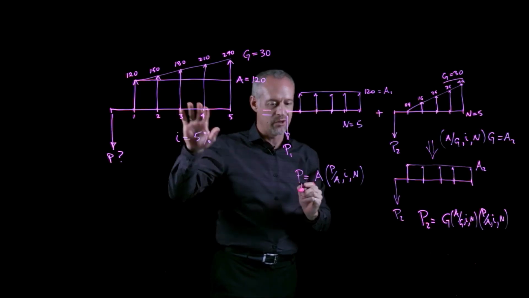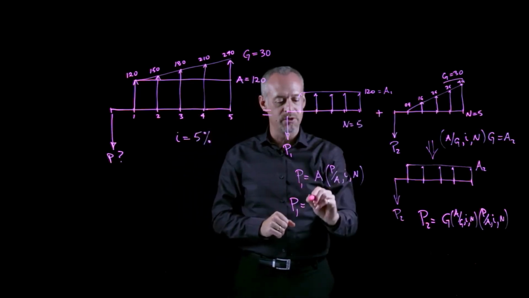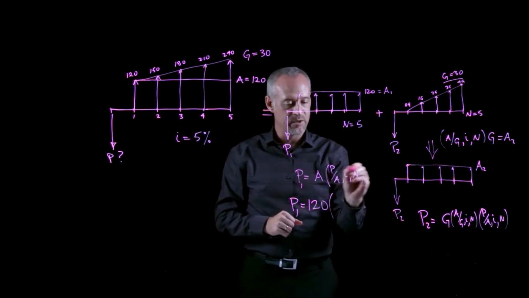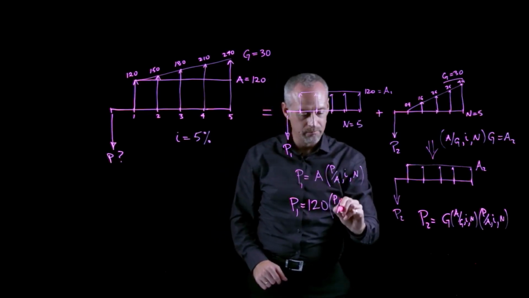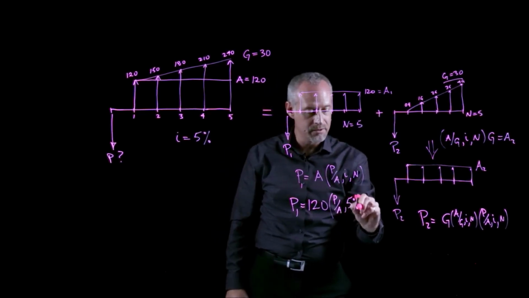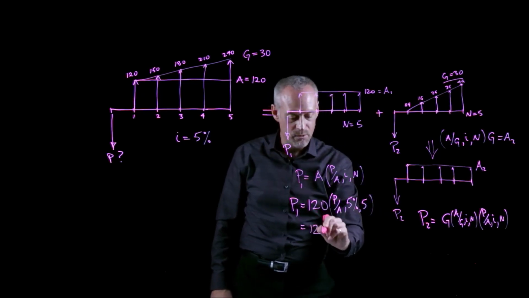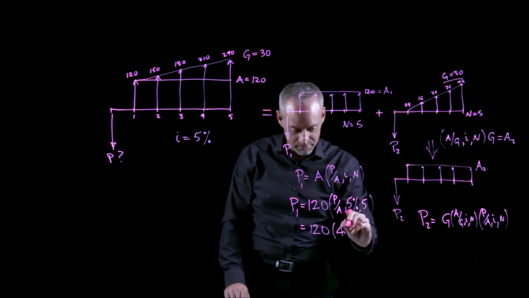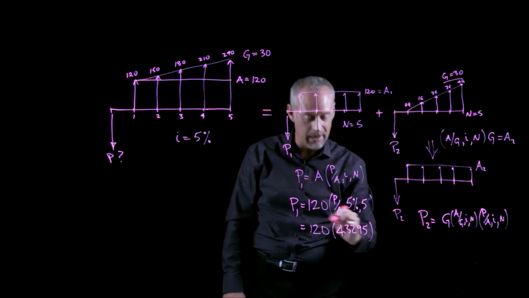So if I go ahead and work out what these values are, my P1 is going to be equal to the underlying annuity, the 120, times the P given A I N factor for 5% and 5 periods, which is equal to 120 times 4.3295.